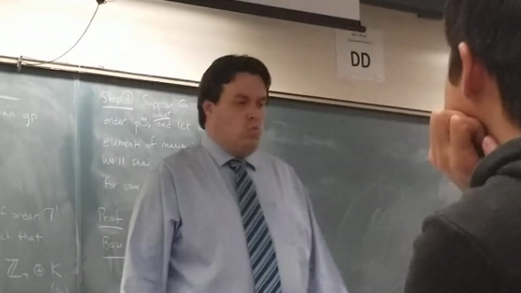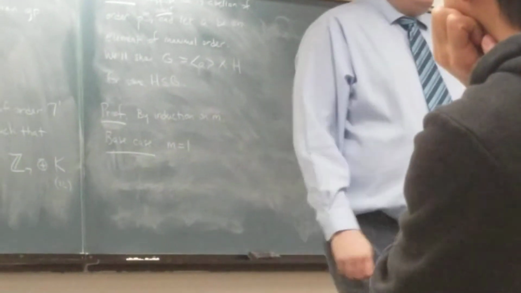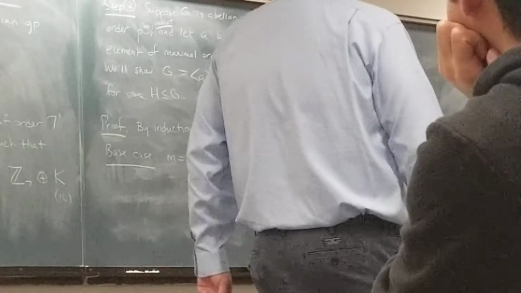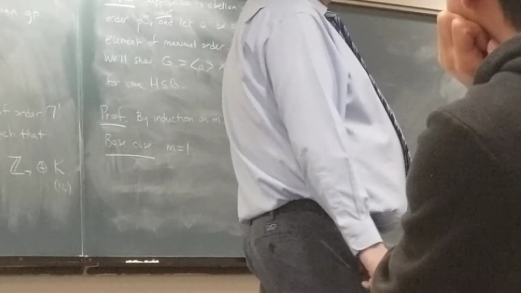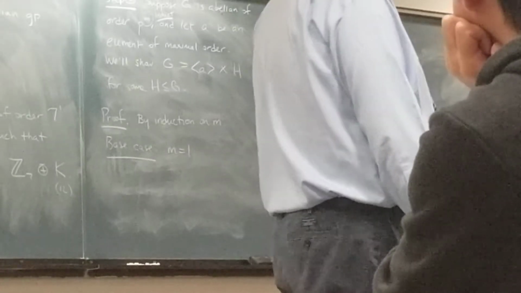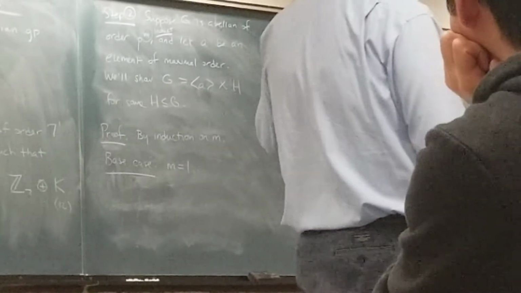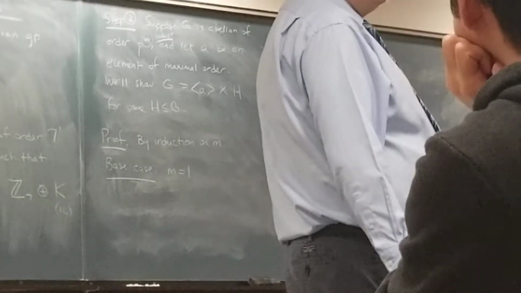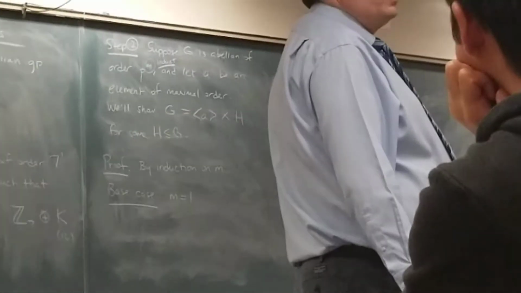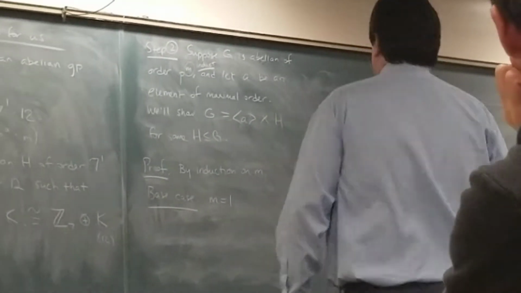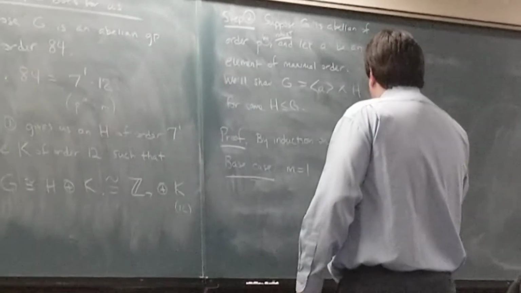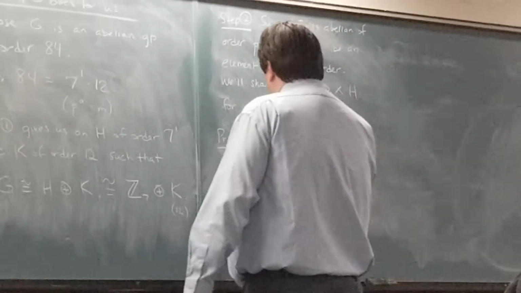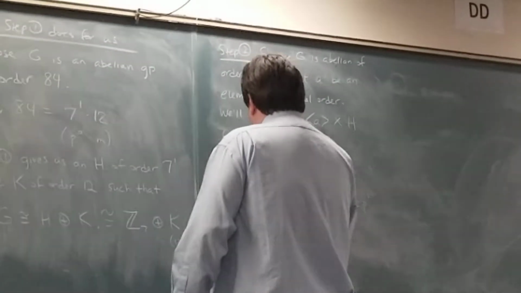Assume n is equal to 1. Okay, wait. If n is equal to 1, what do we know? G is abelian of just prime order, just a prime to the first power. That's cyclic. Right. Okay, so the order of G is just p to the first, and so G is cyclic.